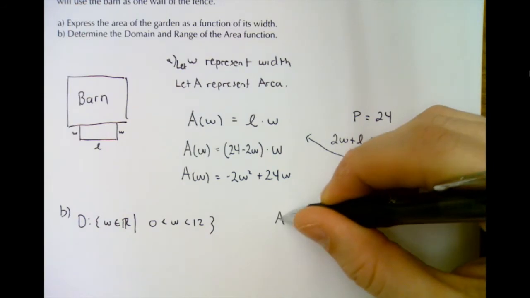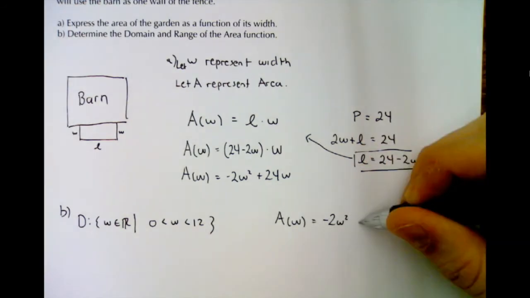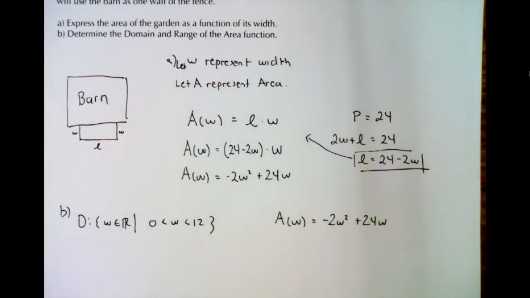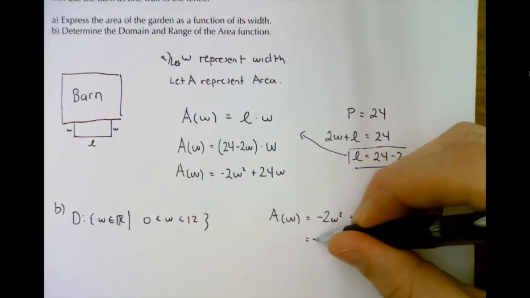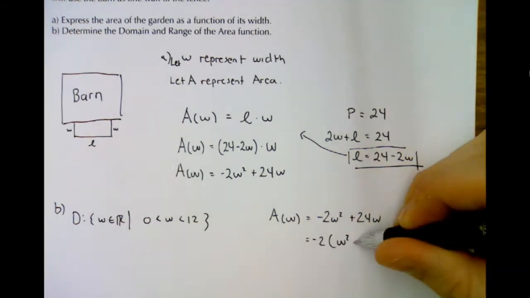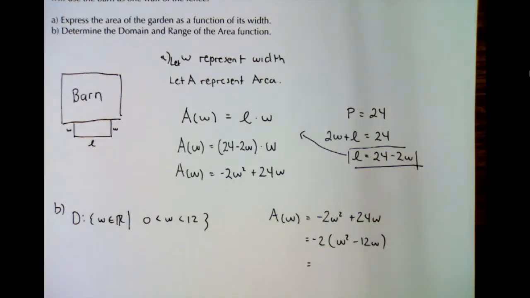So, negative 2w squared plus 24w. Alternatively, you could factor, find the x-intercepts, and then use the axis of symmetry to find the vertex. But we're going to complete the square. Group the first two terms. There are only two terms. Common factor the negative 2. Take the negative 12, divide it by 2, and square it.